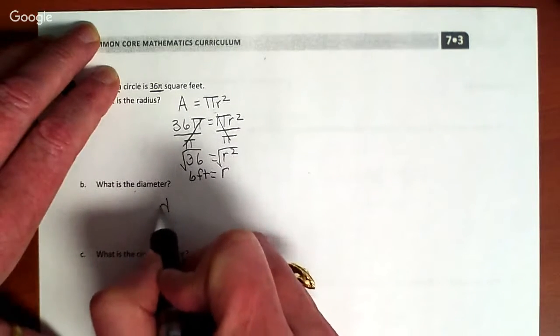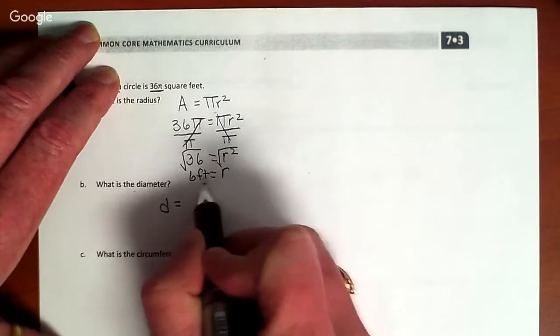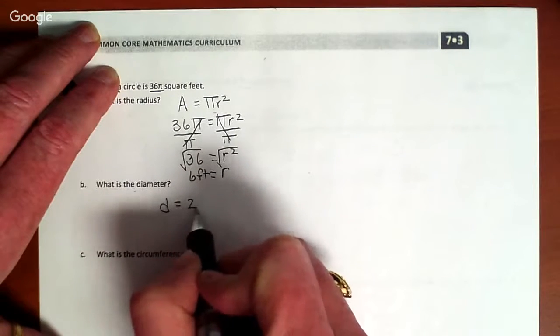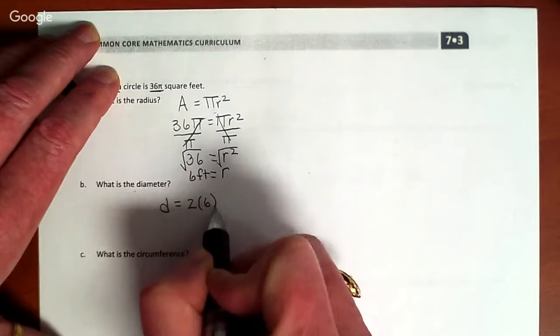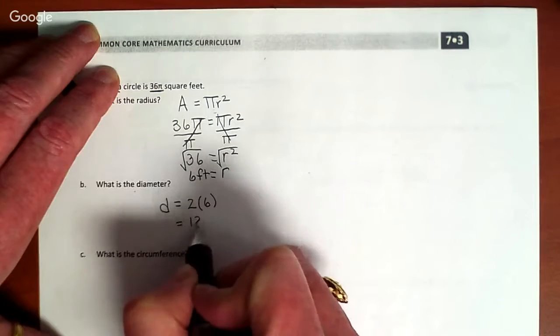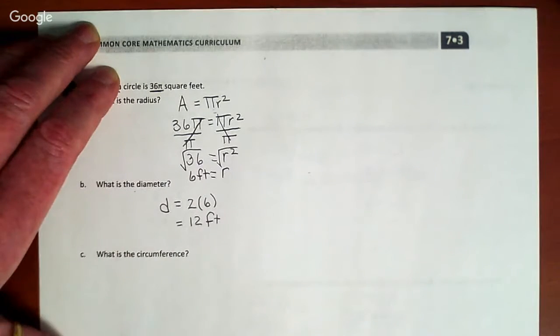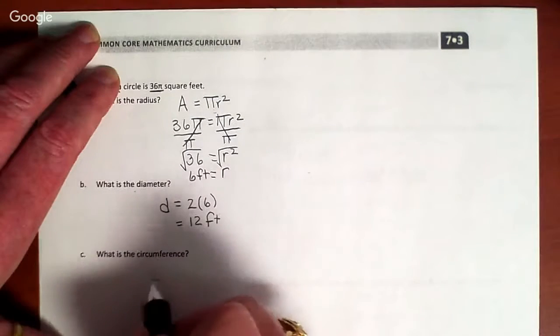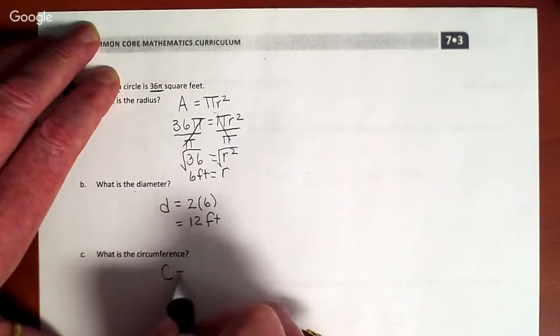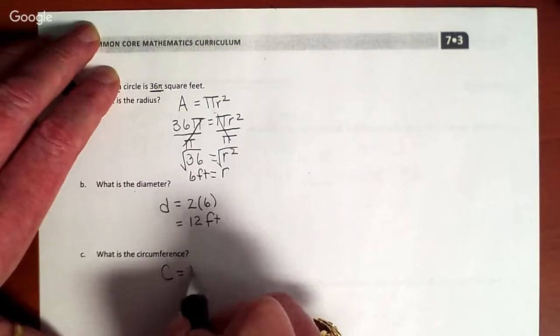So to find the diameter, we have to multiply the radius by 2. So 2 times 6, which equals 12 feet. So now to find the circumference, we have c equals pi d.